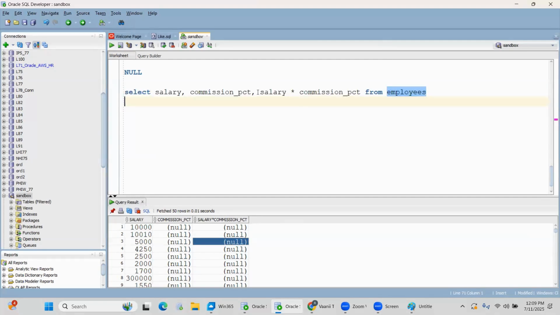If you want to give a nice name for this calculation, we have to give an alias. An alias is nothing but a nickname, okay?